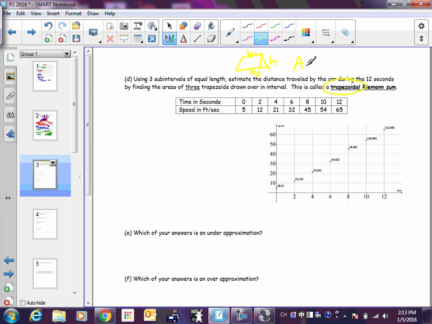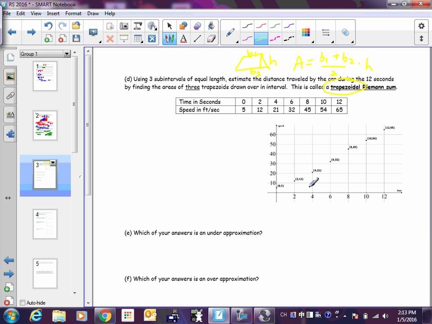In the area, you might have memorized a formula, but here's what I'm going to suggest you do. Average the two bases, base 1 plus base 2 over 2, times the height. So it's just like a rectangle, base times height, except you're averaging two numbers.